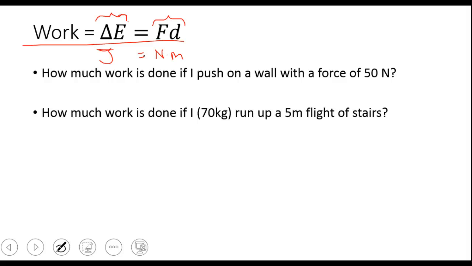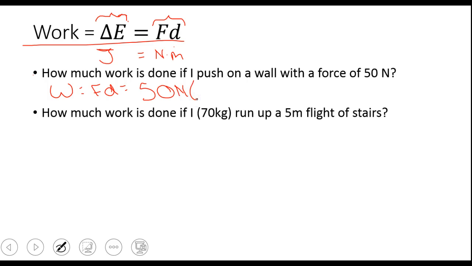So we'll give you this example, and I'm going to go with the force times distance definition. How much work is done if I push on a wall with a force of 50 newtons? I know that work is equal to force times distance. My force is 50 newtons.